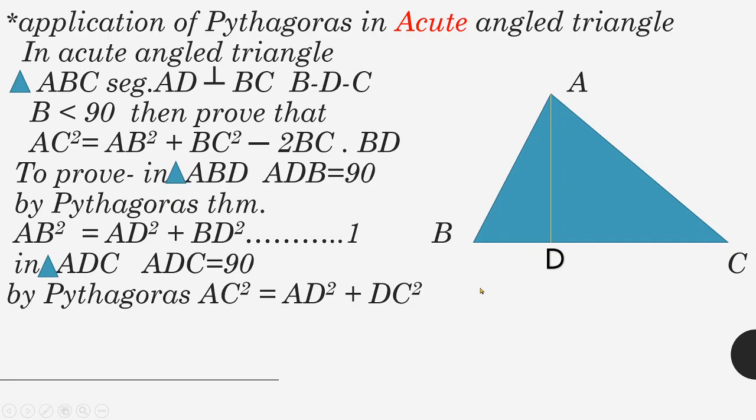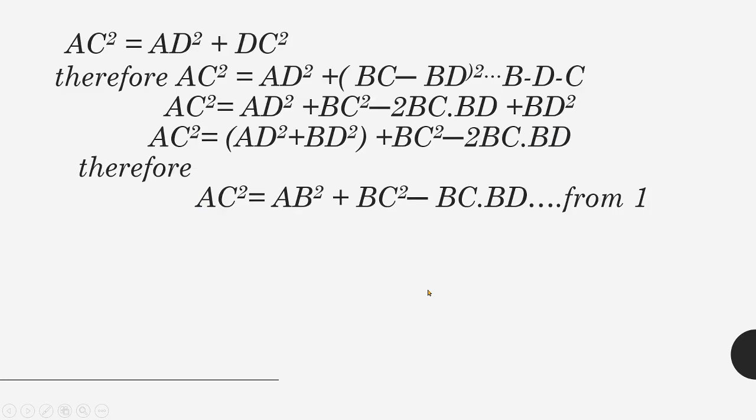So we put BC minus BD in place of DC. I write AC square is equal to AD square plus, we replace DC as BC minus BD in brackets squared, because this is a square.